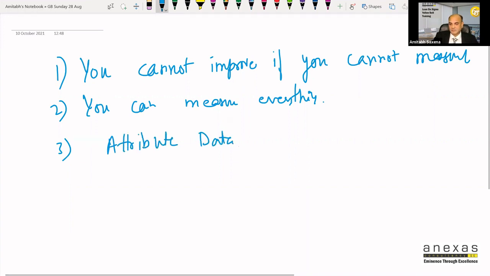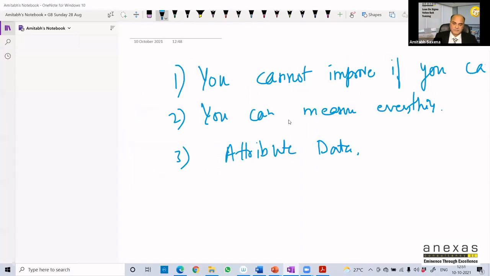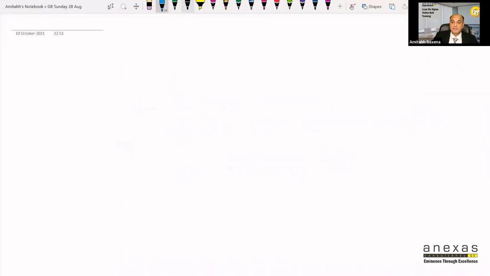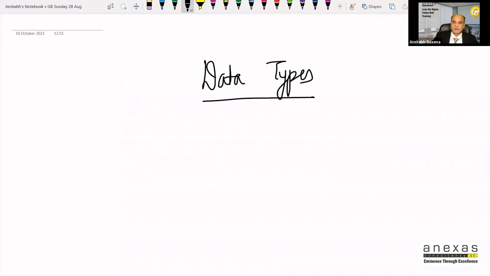So let me tell you what is attribute data. Data are of 2 types: continuous data and attribute data.